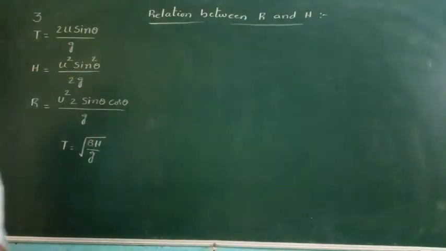So we know h is equal to u square sin square theta by 2g and R is equal to u square 2 sin theta cos theta by g.